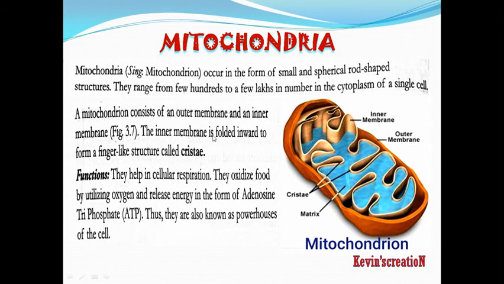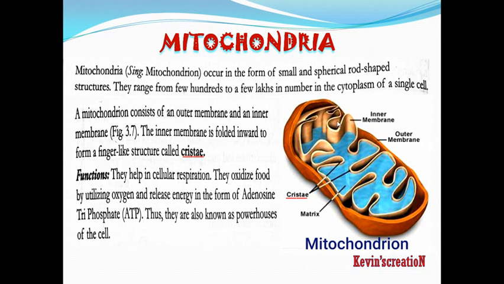The inner membrane is folded inward to form finger-like structures called cristae. Here you can see this one. These are just like fingers, and we call them cristae. The foldings of the inner membrane make cristae, the finger-like projections.